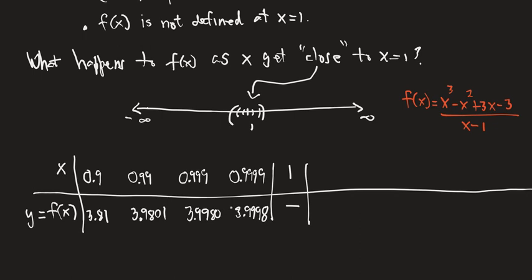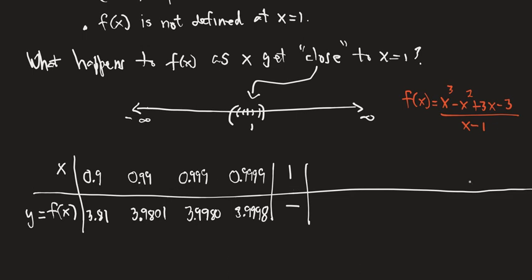Now let's replicate something like that, but instead of using values of x that are less than 1, and that's why I put these values of x on the left-hand side of the table, because on my number line, values of x that are to the left of 1 are less than 1. So I put these smaller values here, but they're getting closer and closer to 1.